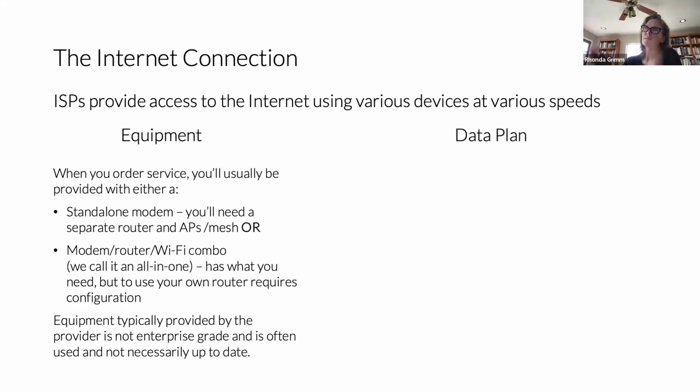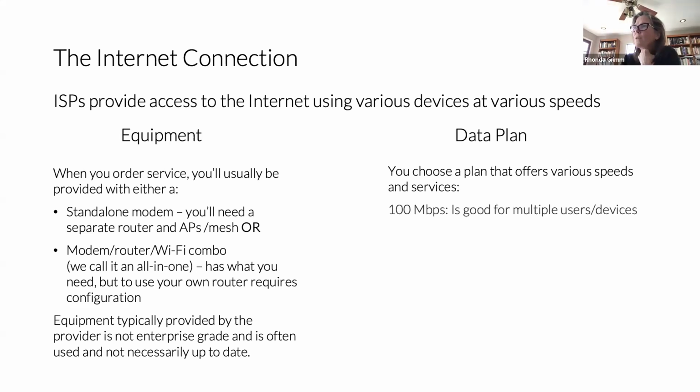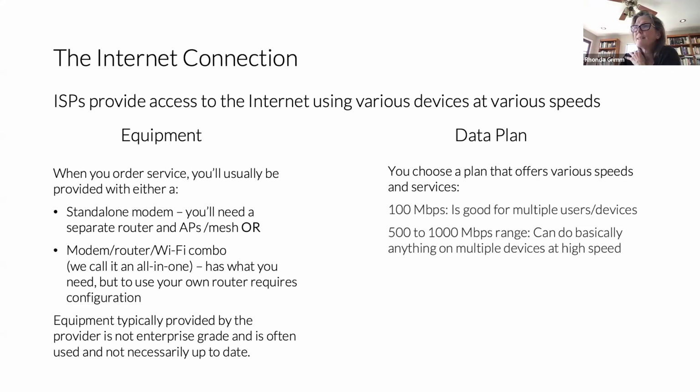The other aspect of what the ISP provides to you is you have to choose a data plan. Usually you choose that plan based on speed and the services that come with it. Anything at 100 megabits per second is good. It's fine with multiple devices. 500 to 1,000 is awesome, and you would be able to do just about anything you need.